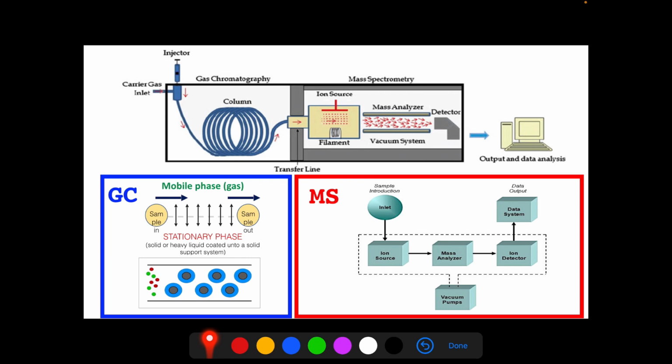Now for MS. Once the molecule reaches the MS, the inlet will transfer the sample into the vacuum of the mass spectrometer. In the source region, the neutral sample molecules are ionized and then accelerated into the mass analyzer. This mass analyzer is considered the heart of the mass spectrometer because it separates the ions according to their mass to charge ratio.